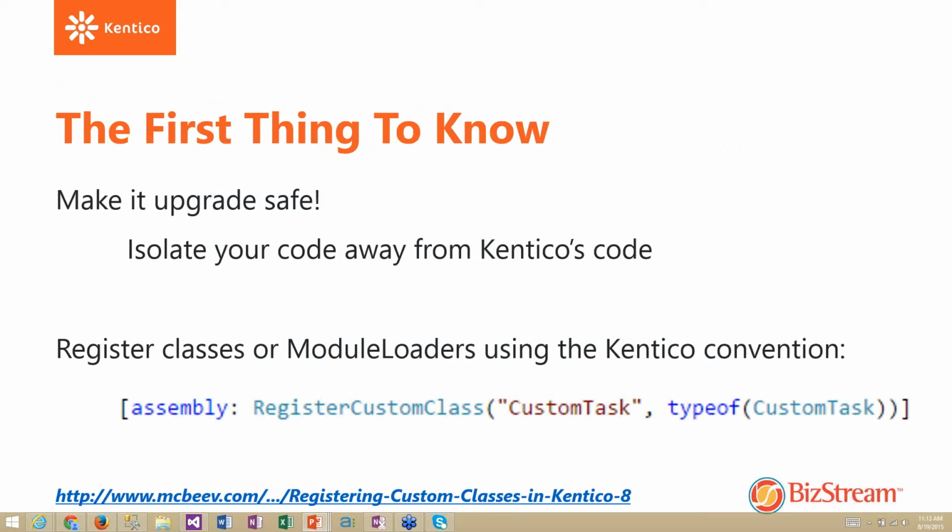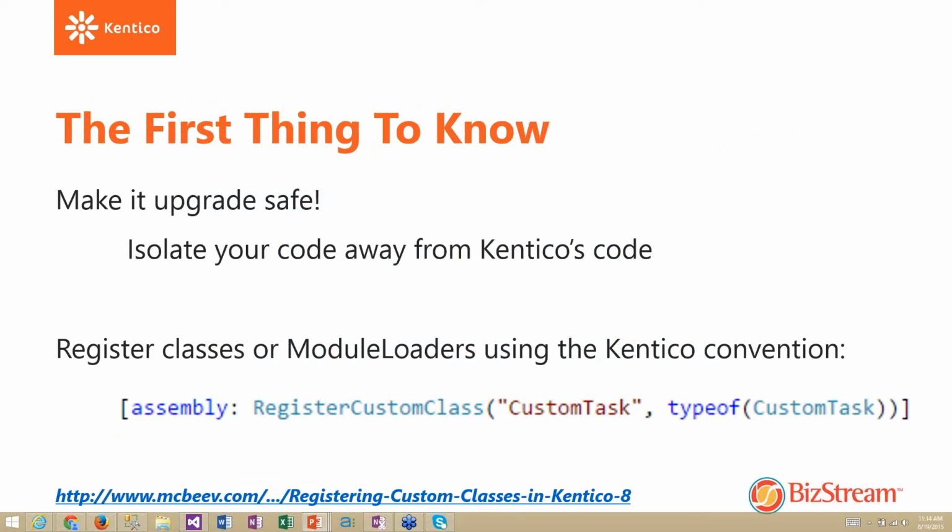So it's smart and it reflects through, it finds all those points of customization, and when you're building out a workflow or an online marketing process or a macro condition, your code will show up as, oh yeah, we know about this, it's safe to use, it's totally available to use in certain areas of the system. So the first thing is registering your classes in the correct way using that attribute right there.